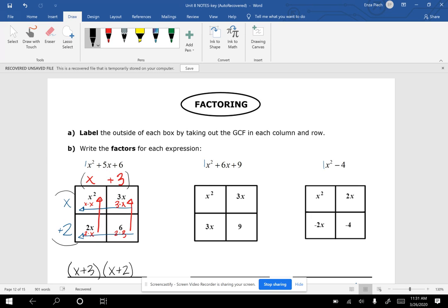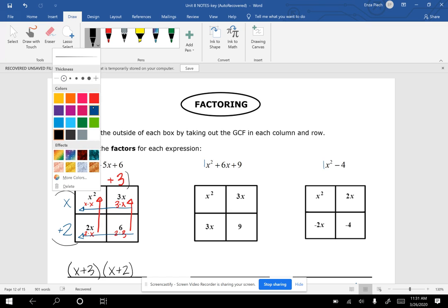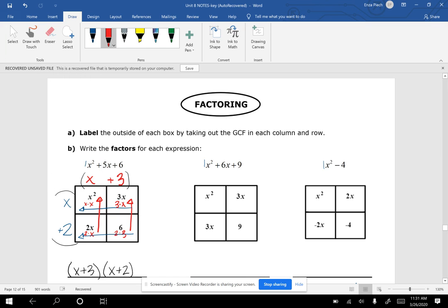So let's take a look at this next one. If we look at this next one, column-wise, and if it helps you to spell it out, go ahead and do that. There's nothing wrong with that. 3 times x here, 3 times x here, 3 times 3. So now we're looking here, I can pull out an x. Here I'm going to pull out a 3.